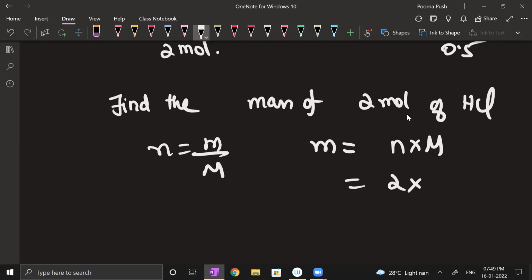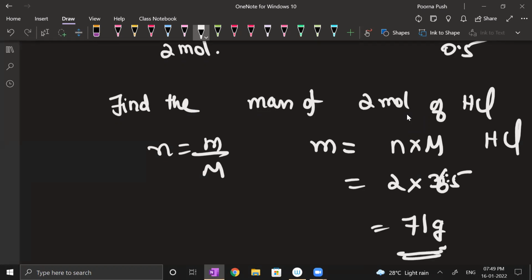Molecular mass of HCl is 1 plus 35.5, so 36.5. So 2 into 36.5, you will get 73.